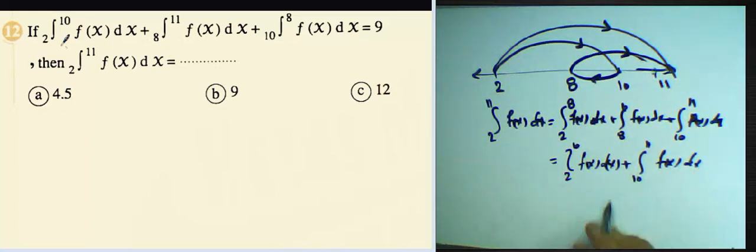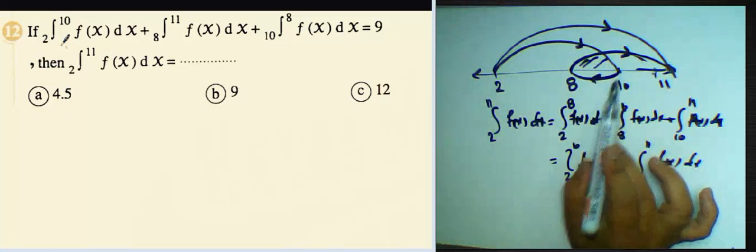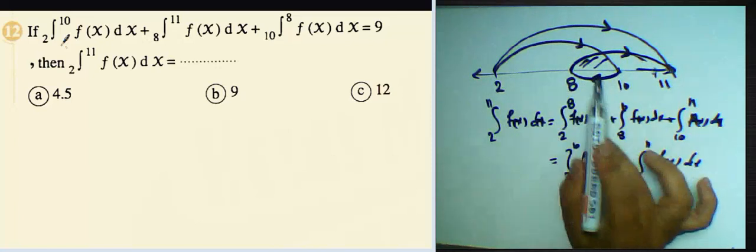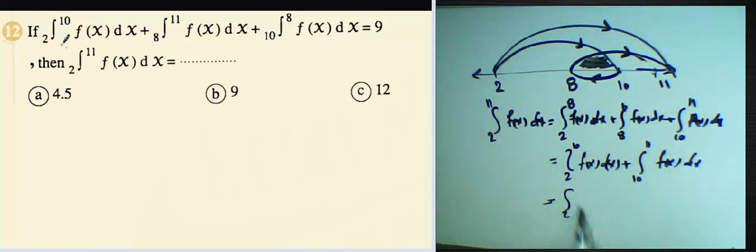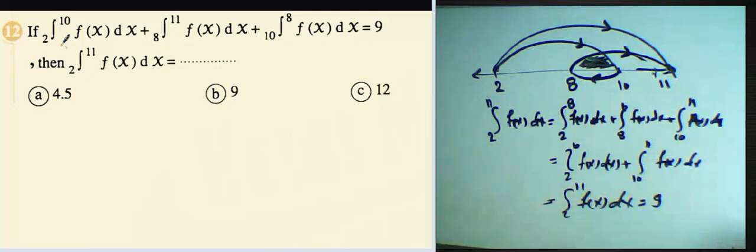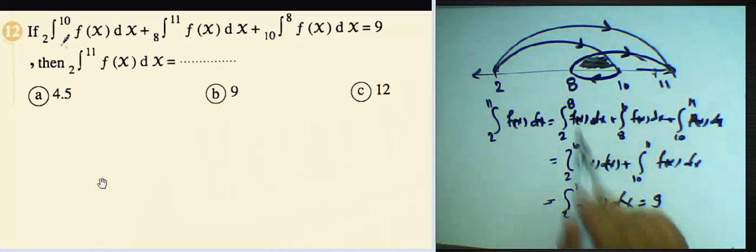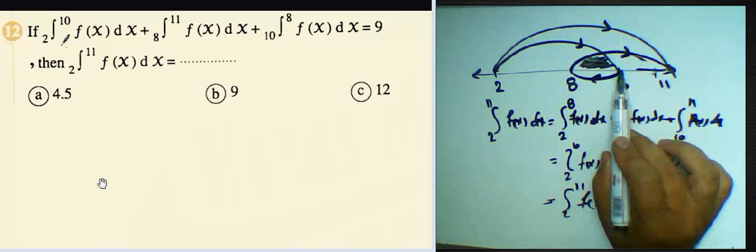Of x dx. It's continuous, and we can write 2 to 10 subtract 10 to 8. It will cancel this part here. We get the continuous integral from 2 to 11 f of x dx, the same result, which will be 9. So the integration from 2 to 11 equals the sum of the 3 parts here, because the integration from 8 to 10 is the inverse of the integration from 10 to 8.